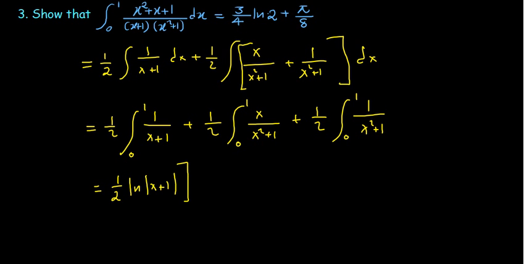And then we write our limits, 1 and 0, plus 1 over 2 of the integral with x over x squared plus 1 here.